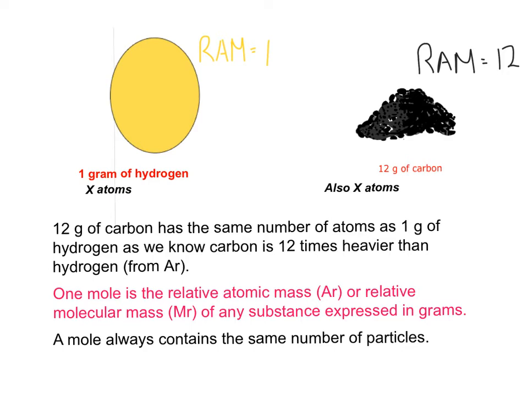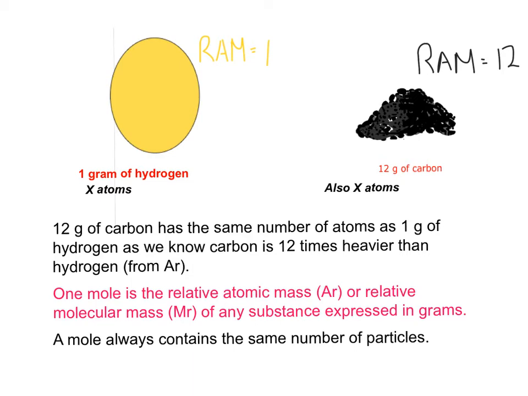Now we know from our relative atomic mass studies that an atom of carbon is 12 times heavier than an atom of hydrogen. So if I want to link this mass of hydrogen and carbon to a mole, what I have got when I weigh out 1 gram of hydrogen and 12 grams of carbon is a mole of hydrogen and a mole of carbon.